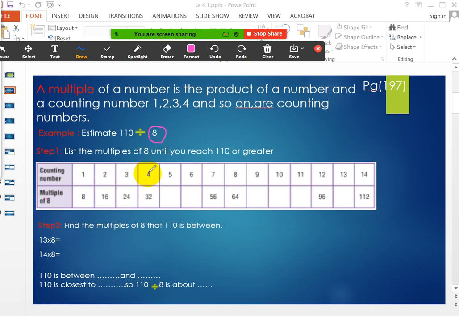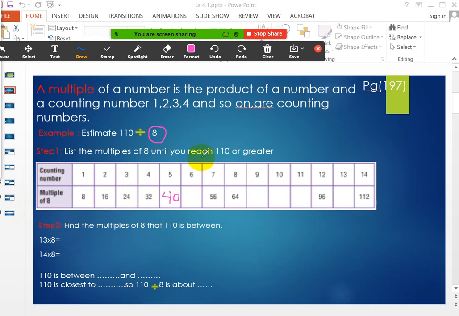8 multiply 4 equals 32. Okay? Now 8 multiply 5 equals what? 8 multiply 5 equals 40. So this is the multiple of 8. You have to multiply this number with the counting numbers, with each number.